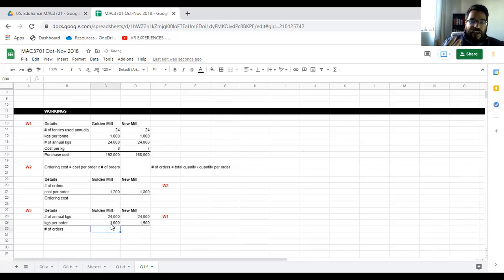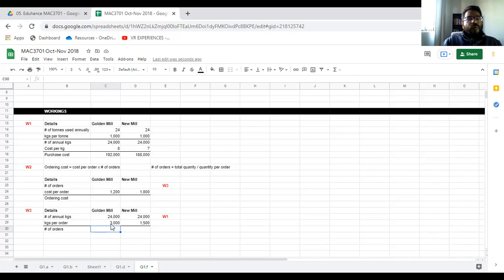So when do you use the EOQ? When a company does not give you a specified quantity. For example, we are the bakery. We have a relationship with Golden Mill. Golden Mill is not telling us how many kgs to place per order.